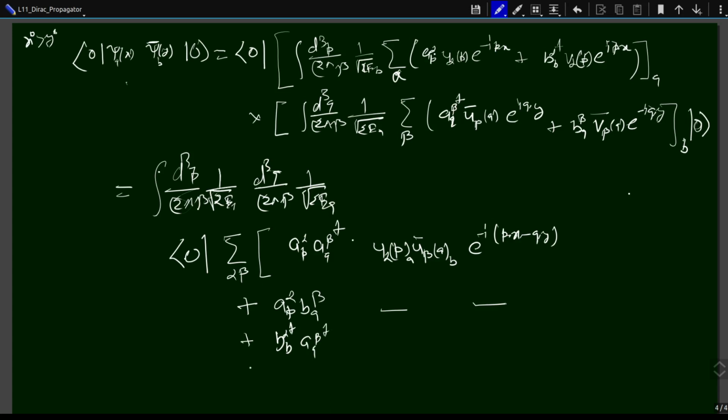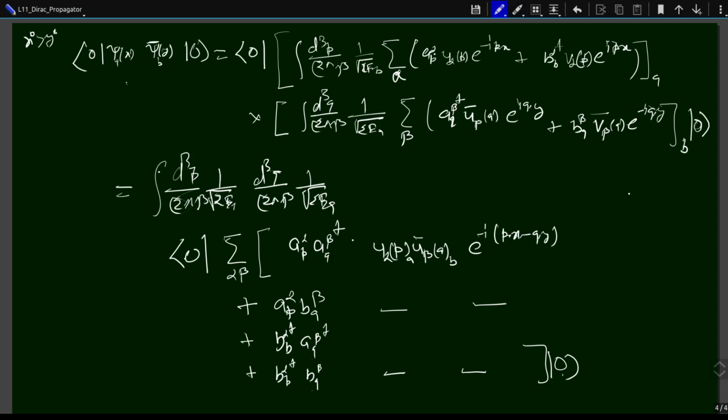Again, I'm not going to write these terms. And then we have b alpha dagger b q beta, and again I'm not going to write this down. Now, why did I not write these terms? Because I know they are going to give me 0. So b acting on the vacuum gives me 0. So this term is gone.